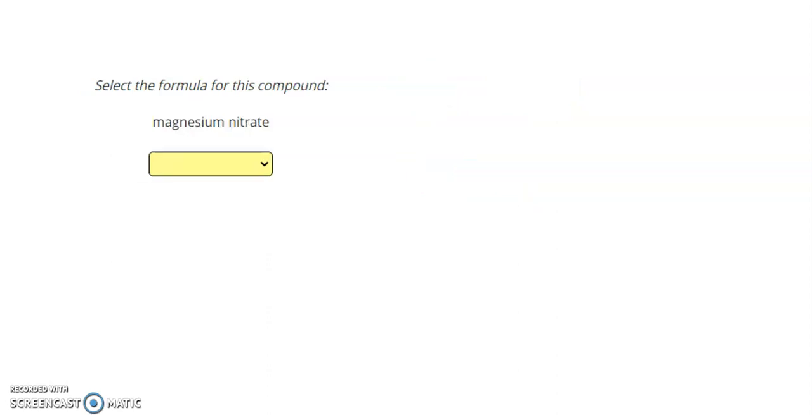So for magnesium nitrate, we'll find the charge on magnesium and we'll figure out what nitrate is. So magnesium is 2+, nitrate is NO3-. So notice the 3 is at the bottom, the minus is at the top. The 3 is not part of the charge.